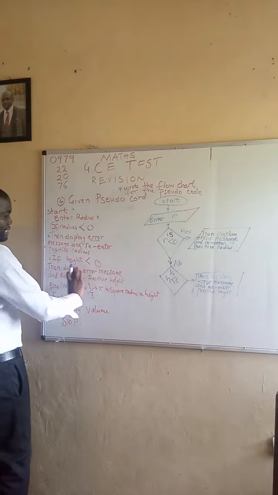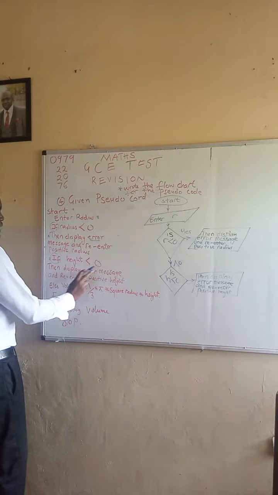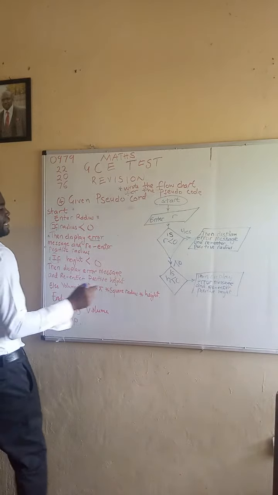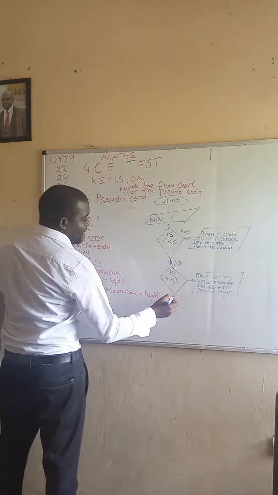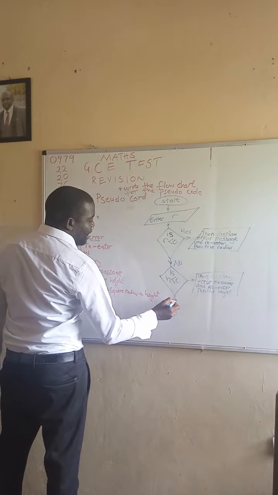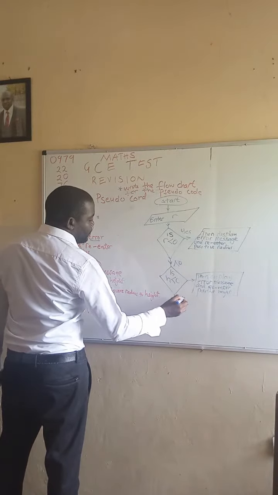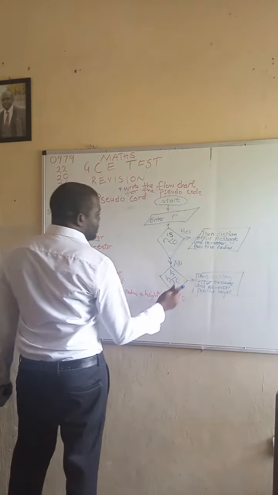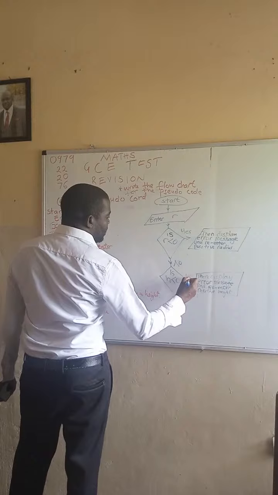This is the instruction that is here. Then display error message and re-enter positive height. That's the one that is like that. Since again here there is error, meaning again the down arrow here will have a no, because it is error. So once this one is no, then this one is also yes.